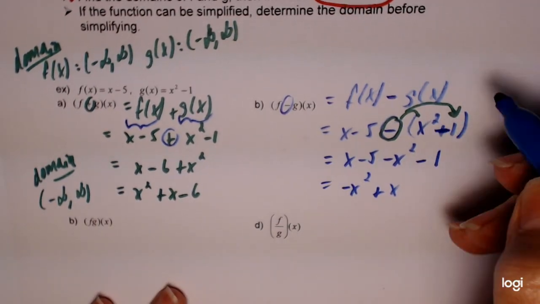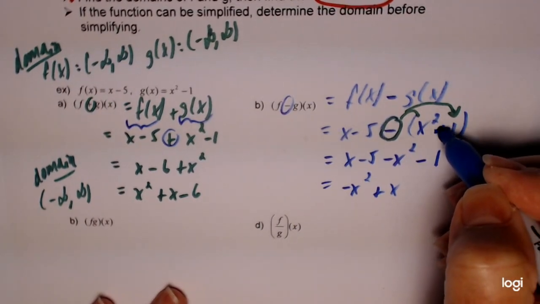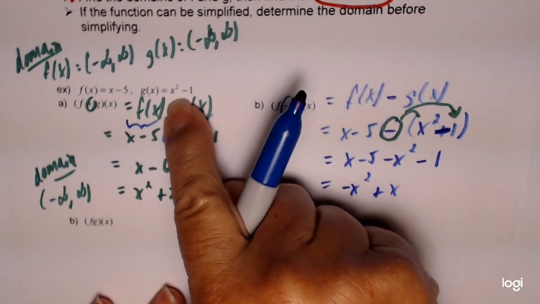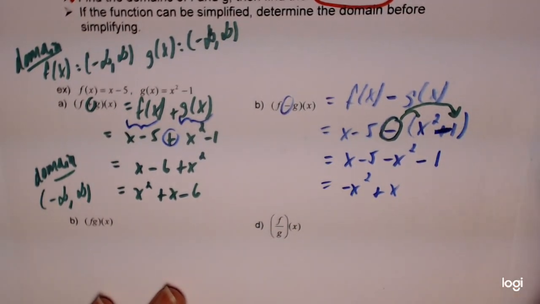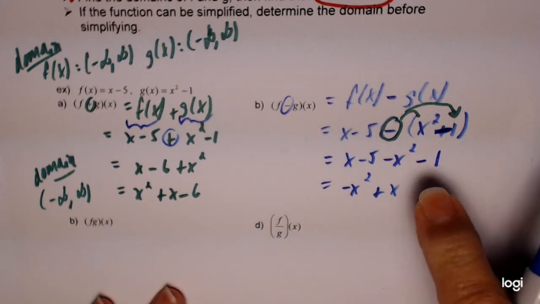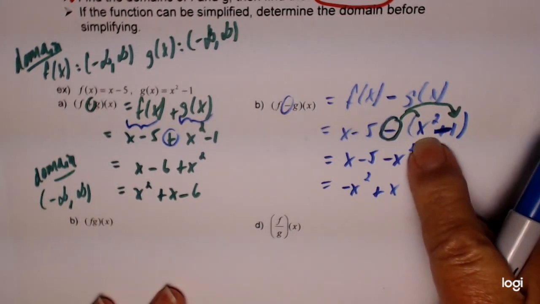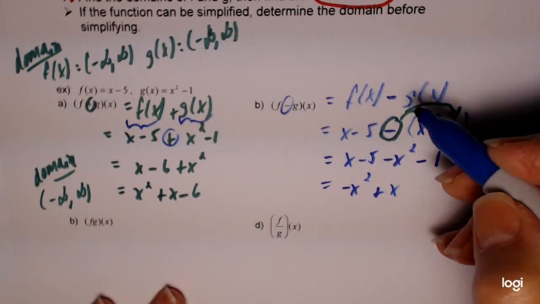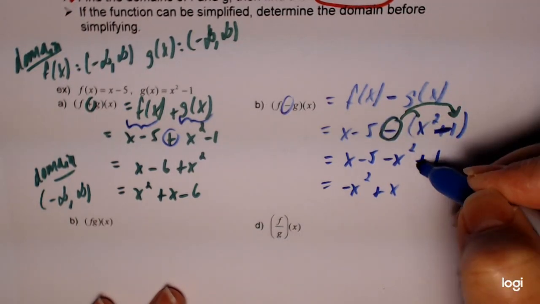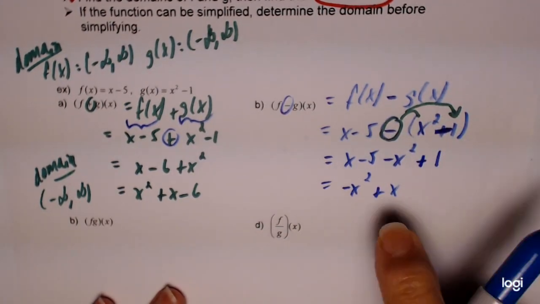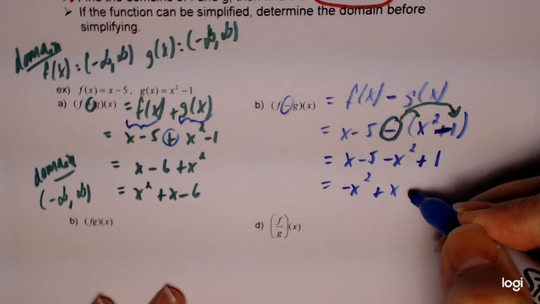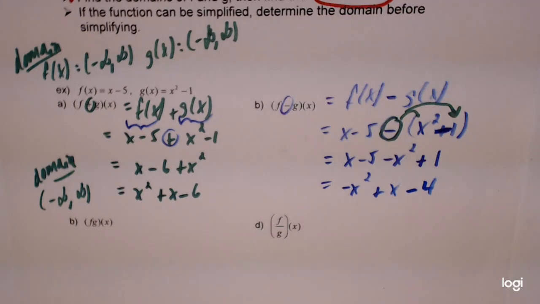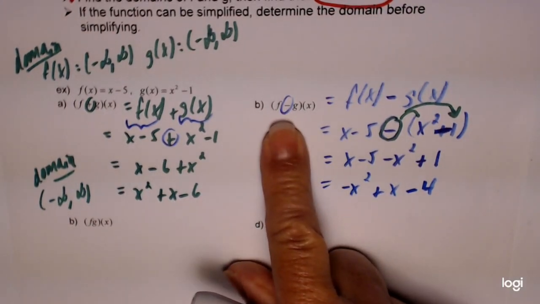Back here, g of x is x squared minus 1. So I wonder if some of you were screaming at the camera that I made a mistake there. So g of x is x squared minus 1. When we distribute that subtraction, we get positive 1. And negative 5 plus 1 gives us negative 4. So that is the new function we get, f minus g.